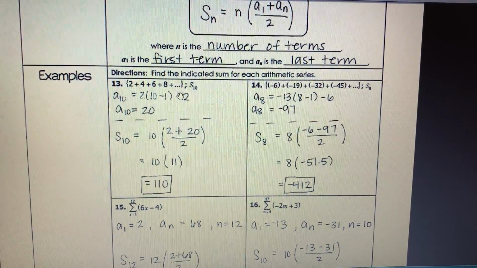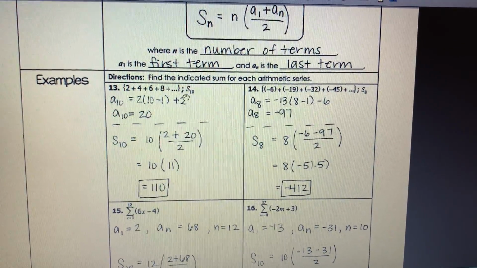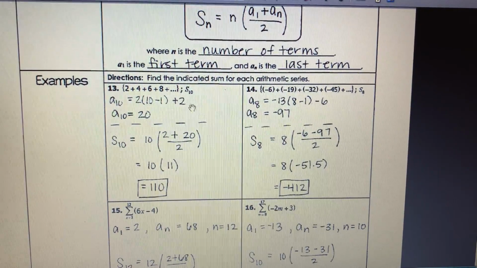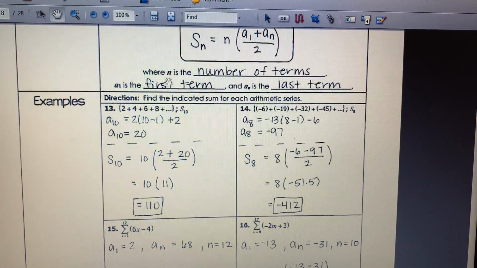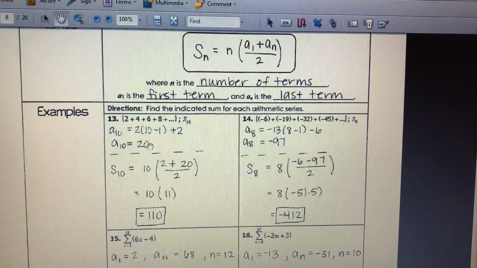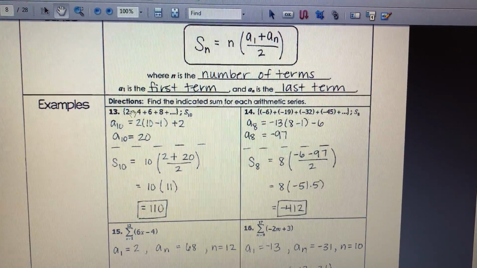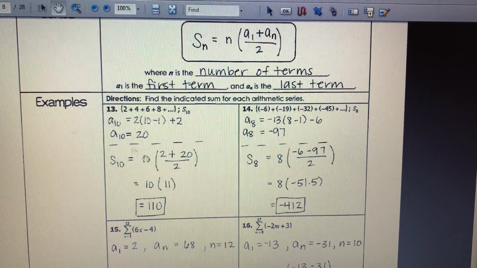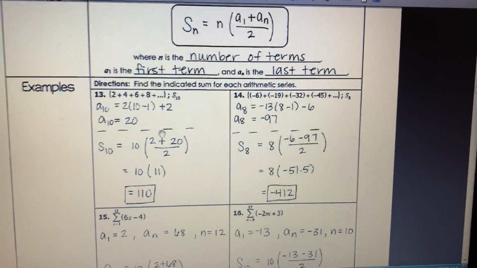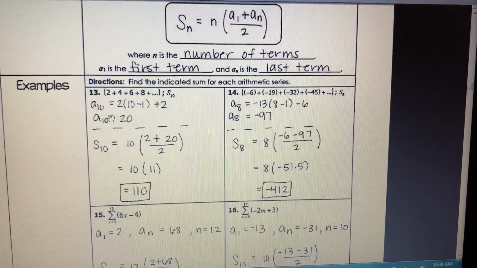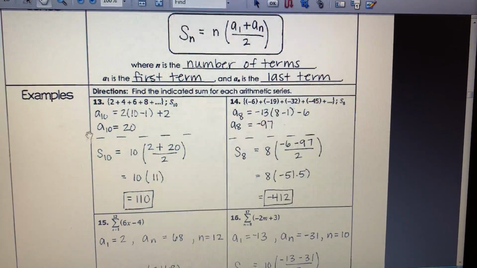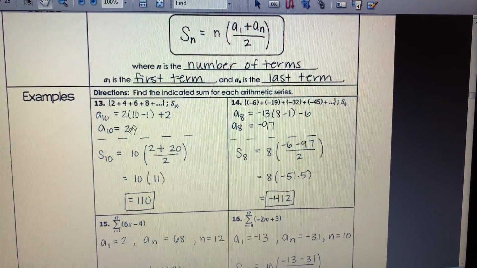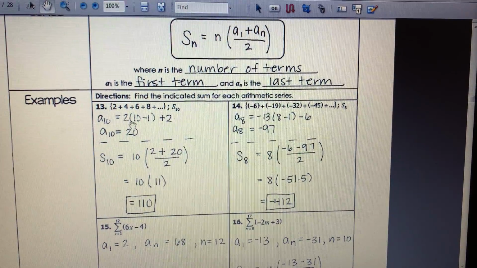And so S sub 10 means we want to find the sum of the first 10. Notice it increases by 2 going from one term to the next, which means it's an arithmetic sequence. And so we could use this formula.